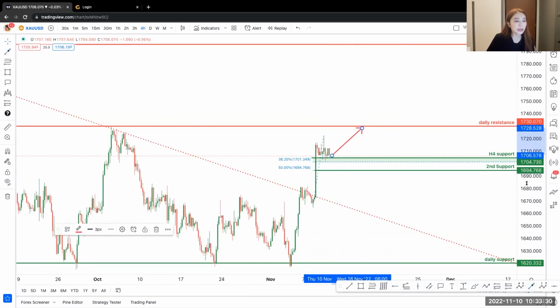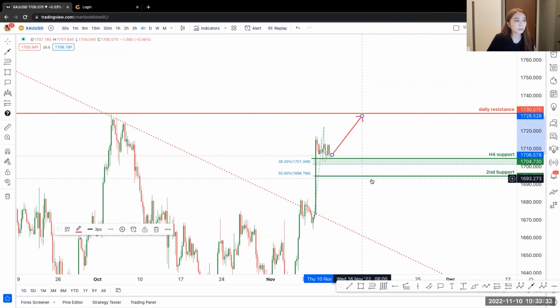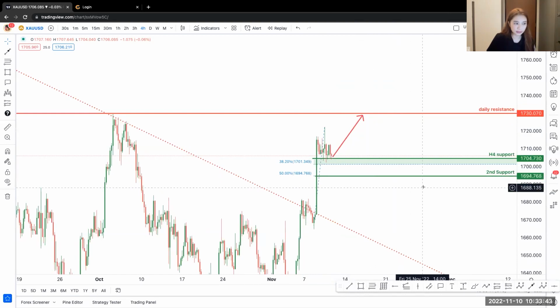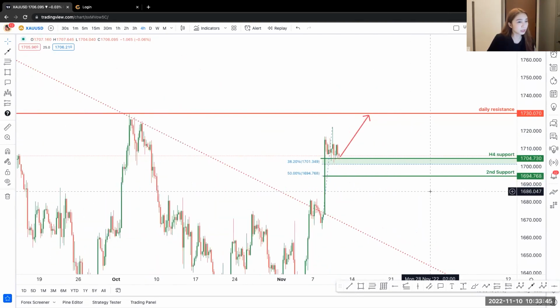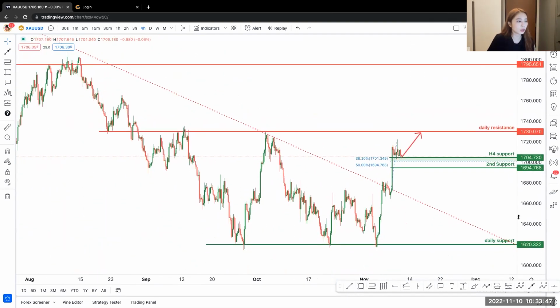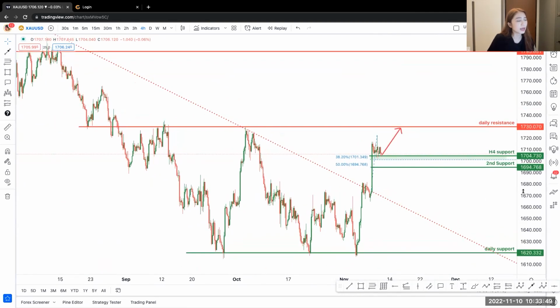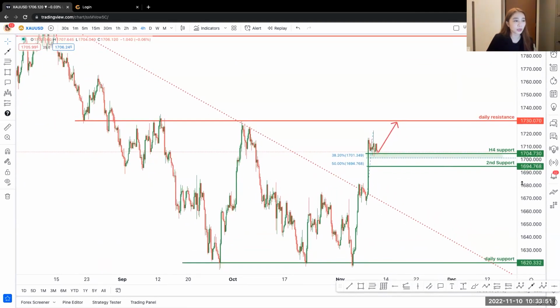Yes, it looks like a very small trade, but our 1730.070 is actually a daily resistance. So it's a pretty big level, a harder chance for the price to exit.